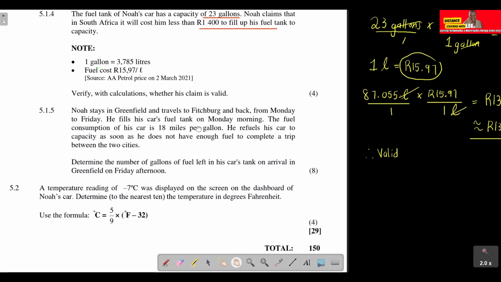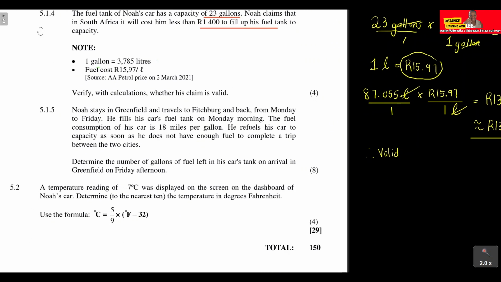Question 5.1.5 says that Noah stays in Greenfield and travels to Fitchburg and back, from Monday to Friday. He fills his car's fuel tank on Monday mornings.